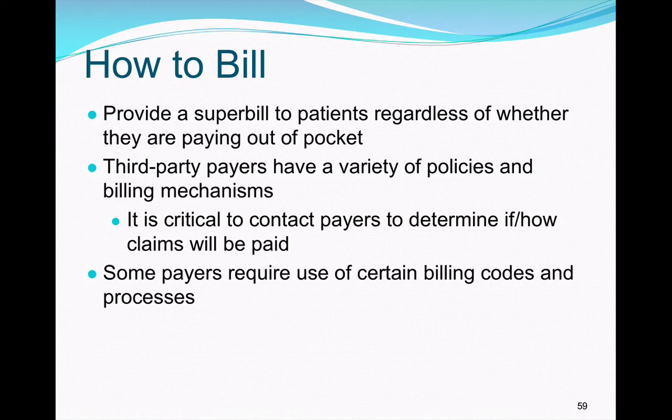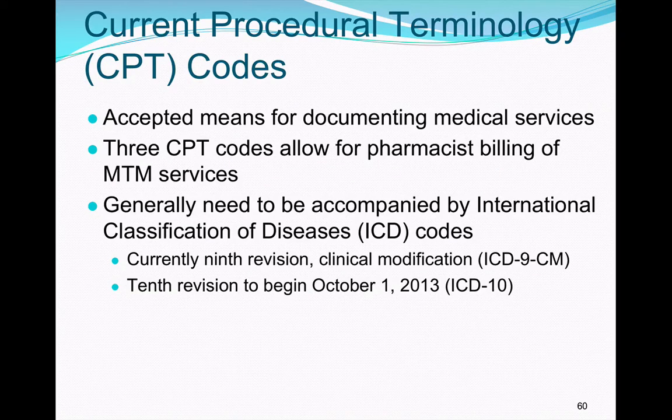All right. One way is to come up with a superbill outlining all the types of services you offer. And some payers may require certain billing codes. One of the avenues we've pursued since MTM was created was developing documentation and arguing to get clinical procedural terminology.